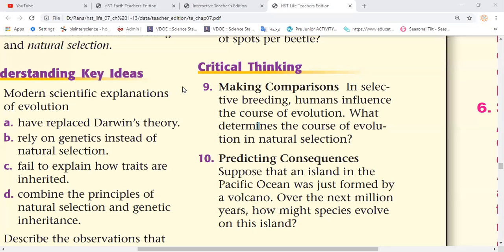So, he asked, in selective breeding, humans influence the course of evolution. What determines the course of evolution in natural selection? What do you mean by natural forces? Yeah, more clarification. Other organisms. So how could human interference by selective breeding affect that?